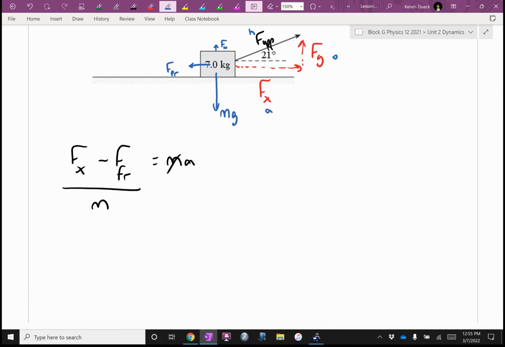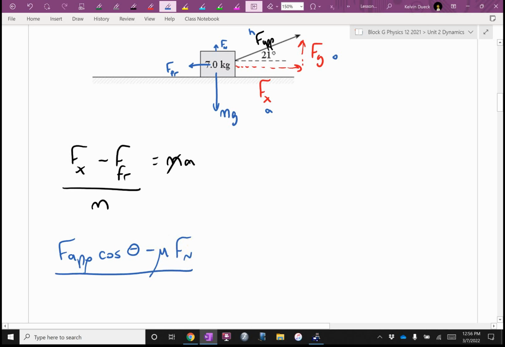So does that help you figure out which trig function is Fx? Of course it does. So this is going to end up becoming F applied cos theta minus mu, and I'm going to just write the normal force because this is going to be complicated. That equals A.